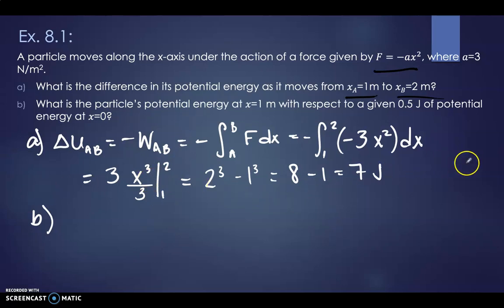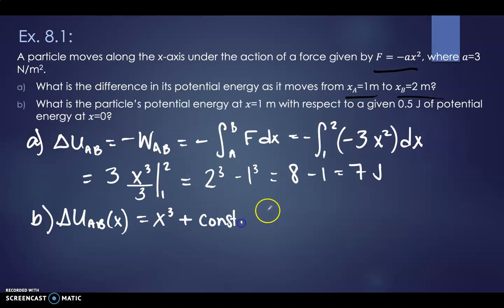So previously we found this integral here, and if we didn't have any boundaries here, our integral would give us U of x, it would be x cubed, right, because our 3's would cancel, plus some constant.